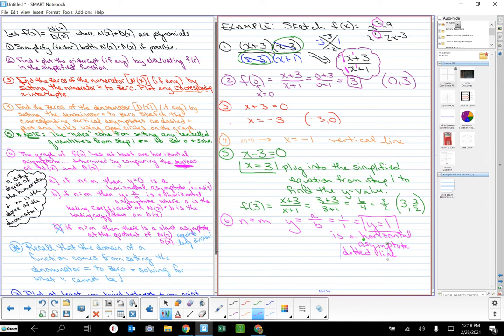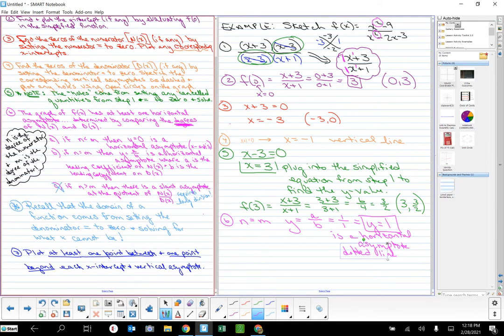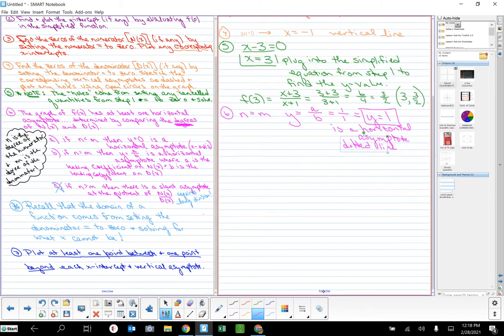Now, let's skip over here, bring this down. All right, number 7. I'm going to have to extend my page here quite a bit. For number 7, it says, plot at least 1 point between and 1 point beyond each x-intercept and vertical asymptote.